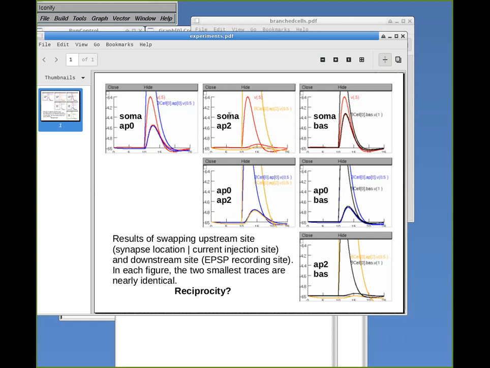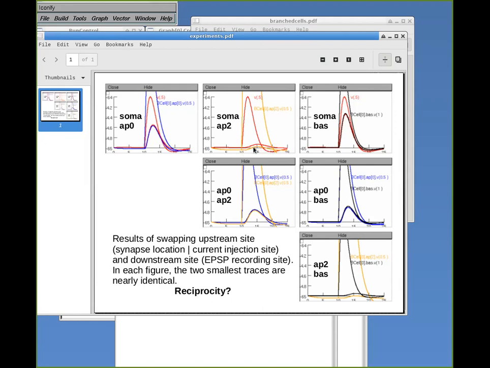Likewise, between soma and apical 2. When the synapse is attached to the soma, it makes a big depolarization in the soma, but this little orange trace down here is the response in apical 2, and it's very small. We measure it relative to its baseline here.